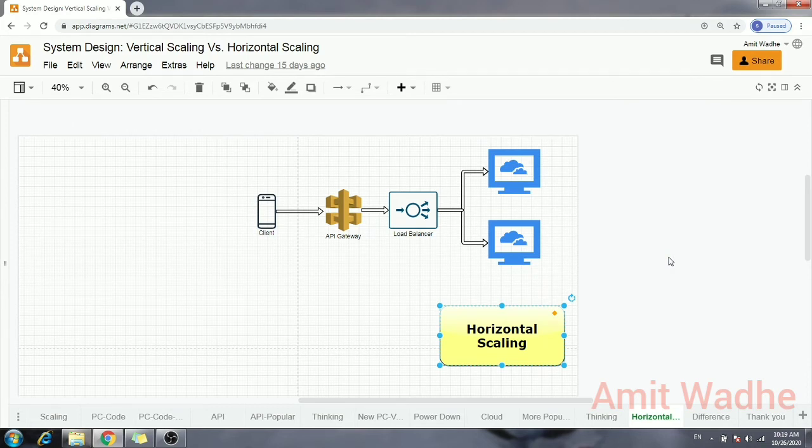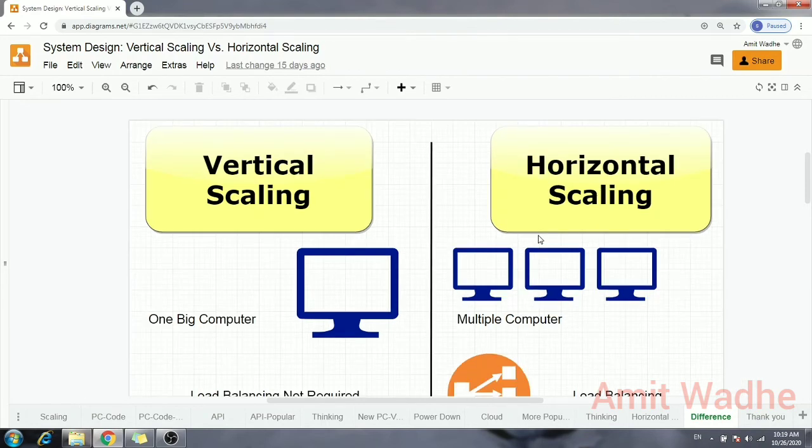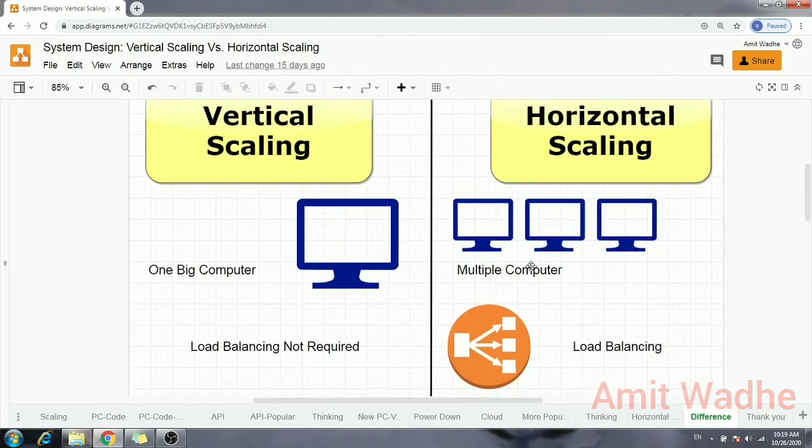The ability of your application to serve more requests is nothing but scaling. Increasing the total number of PCs to serve more requests is nothing but horizontal scaling. Let us take a note of the differences between vertical scaling and horizontal scaling.